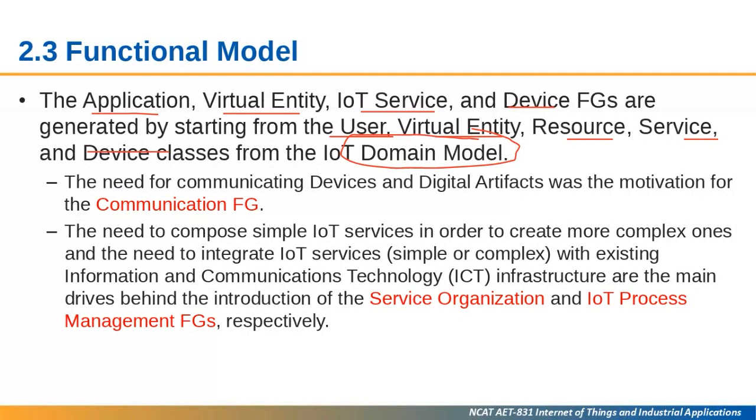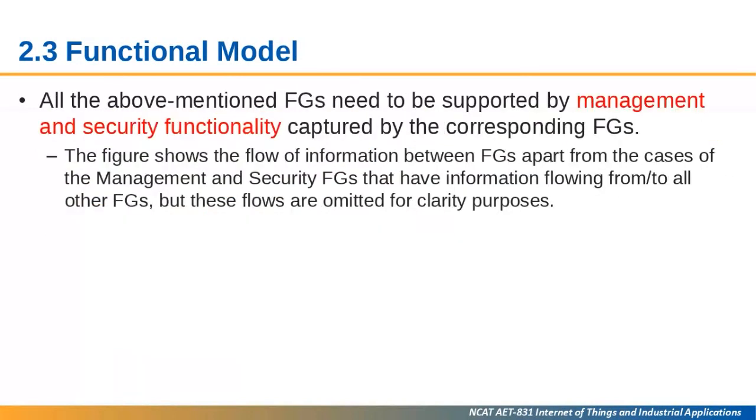On top of that, we need to have the communication functional group, and also the service organization and IoT process management functional groups. Basically, some of them are directly from the domain model. Some of them are introduced here to fulfill the requirements, fulfill the functions.